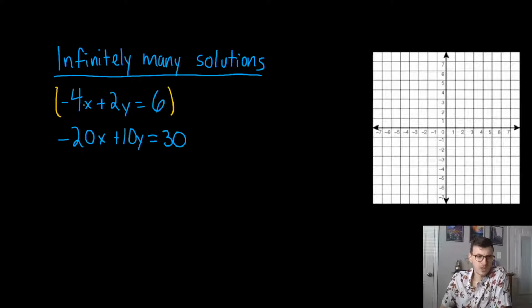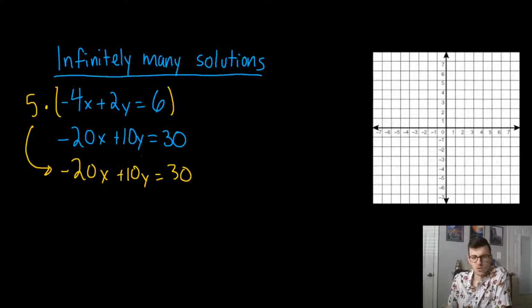If I multiply this negative 4 by 5, I'll get negative 20, so I'm going to multiply that whole equation by 5. That leaves me with my new equation, negative 20x plus 10y equals 30. I'm already seeing some weird things here.